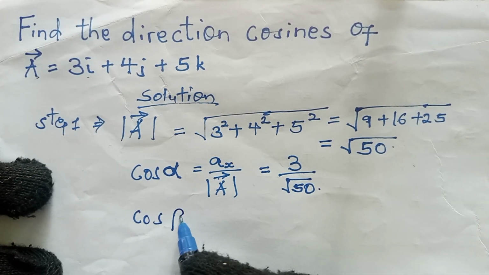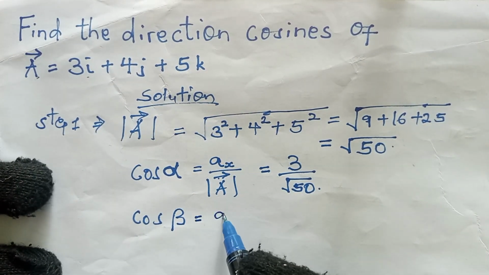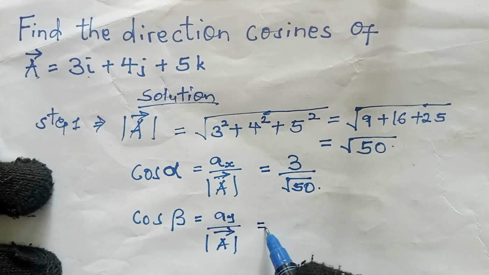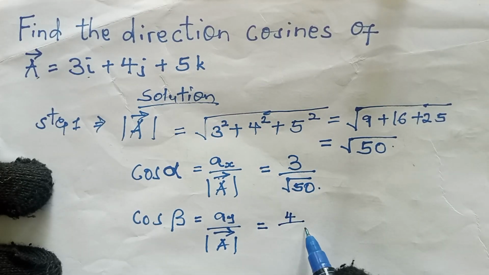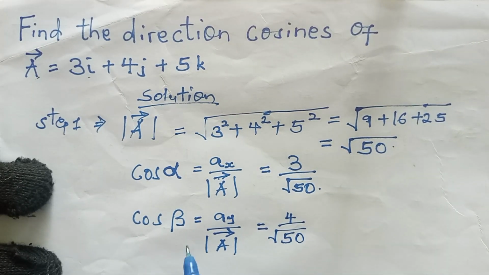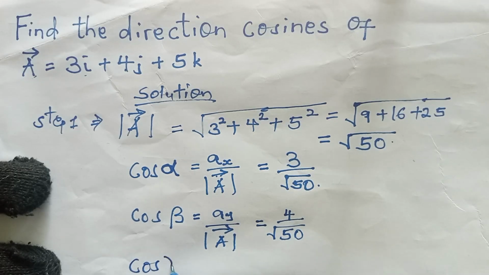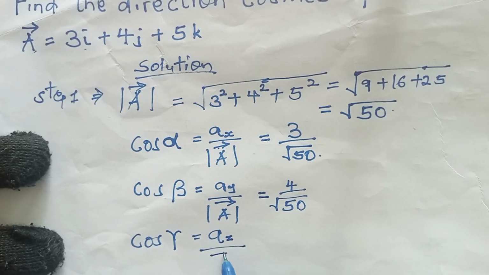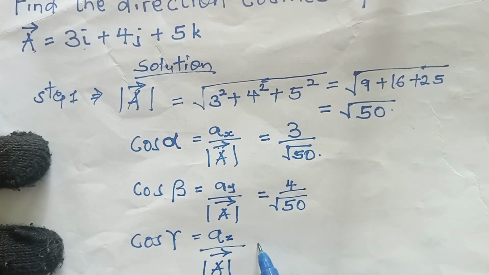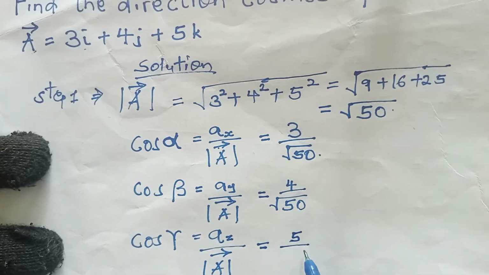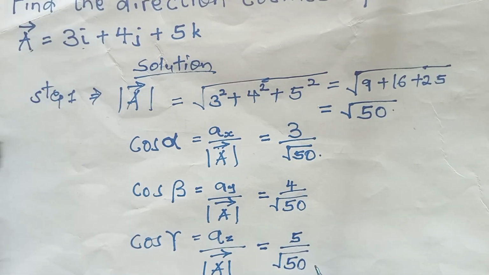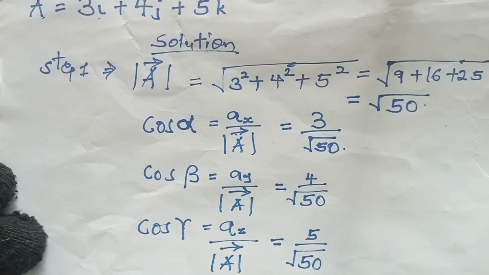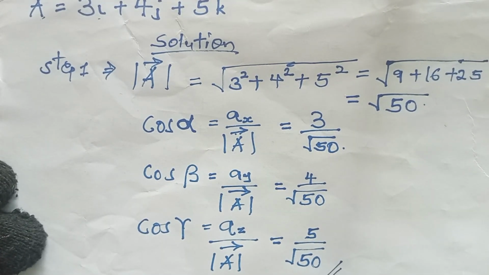Then cos beta will now become ay over the magnitude of A, which will be 4 over root 50, and cos gamma will be az over the magnitude of A, which will be 5 over root 50. Up to this point, we have answered the question.